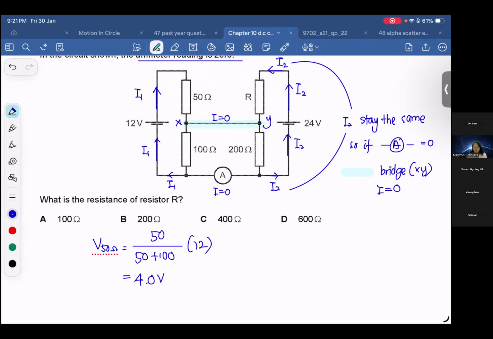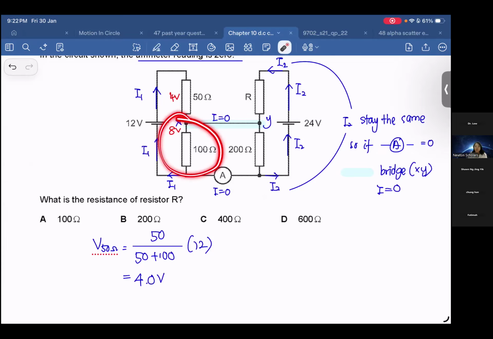It will drop 4.0 volt for the 50 ohm. Then voltage at X will be 12 volt minus 4 volt, so voltage for point X is actually 8 volt. The 8 volt will be given to this 100 ohm.